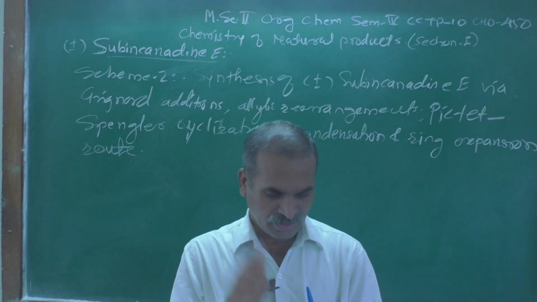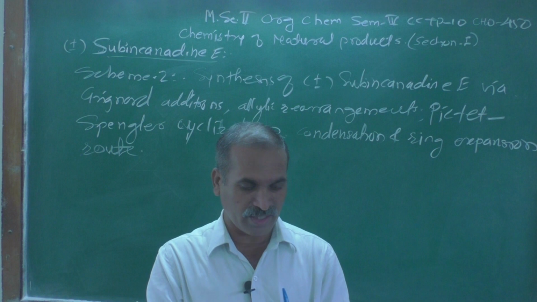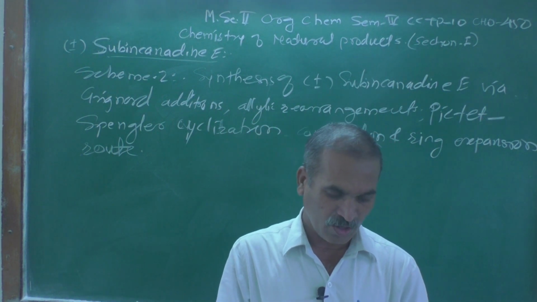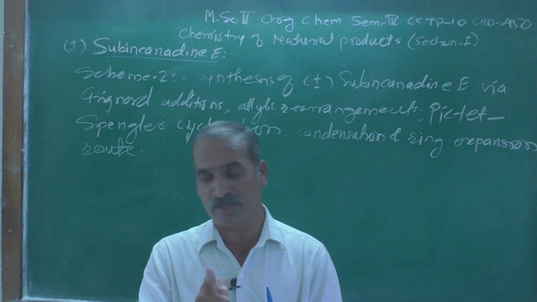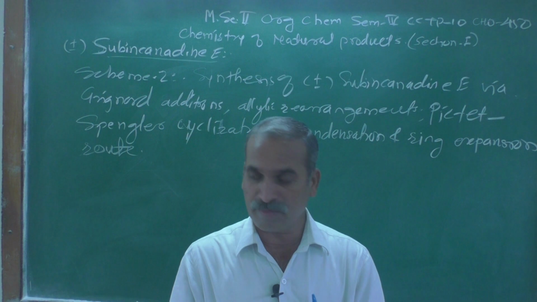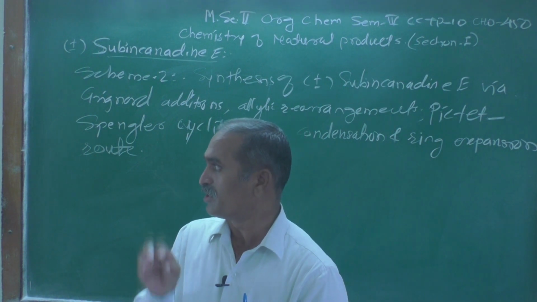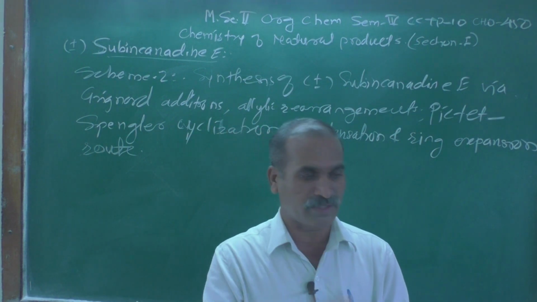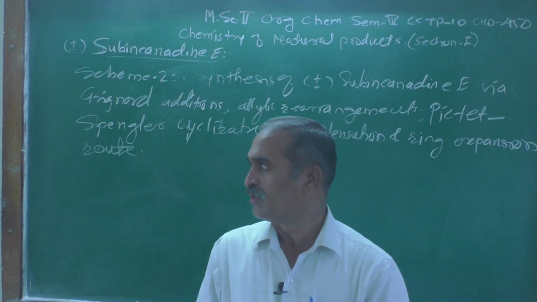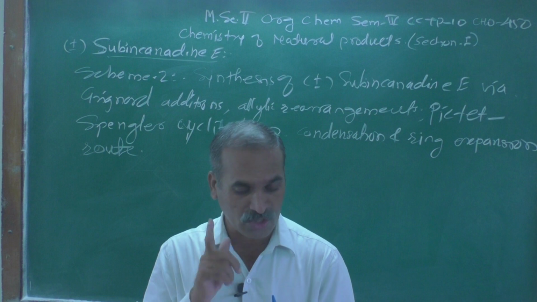Why is scheme number 2 important? It is a synthesis of plus minus Sabine Canadian E. Why are we studying Sabine Canadian E? Because it exhibits an important biological activity, which is psychotoxic.